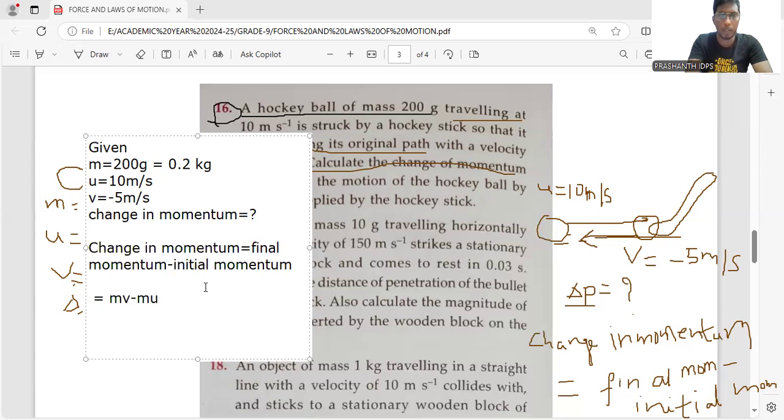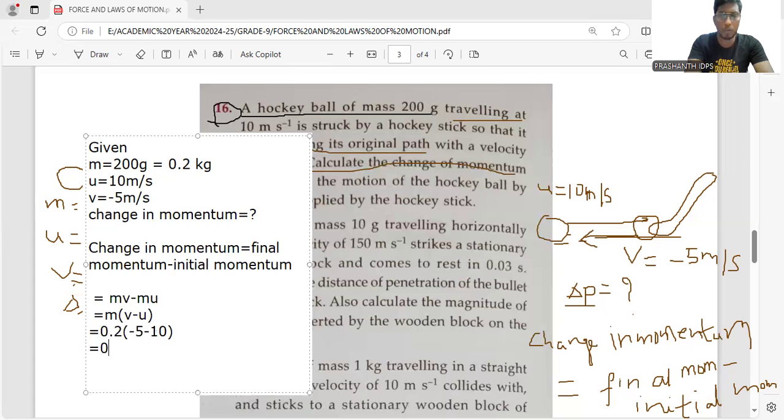This is the formula. Now substitute all the values here. What is m? 0.2. If you observe here, we can take m common, so we may write m into v minus u, which is equal to 0.2 into, what is the v value? Minus 5, minus, what is the u value? 10.